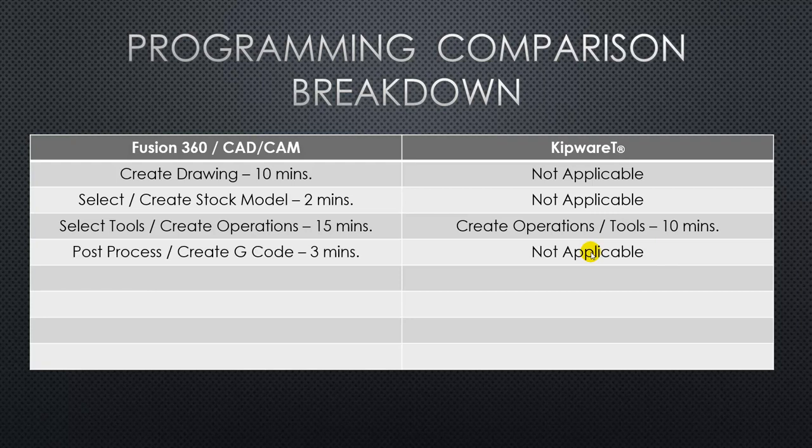Next, in the CADCAM system, we had to post process and create the G-code. That took us about 3 minutes to run through the post process to actually get a G-code program. Again, in Kipware T, when we finished the program, we had the G-code. So the total time in the CADCAM system was about 30 minutes from drawing to G-code. And in Kipware T, it was about 10 minutes.